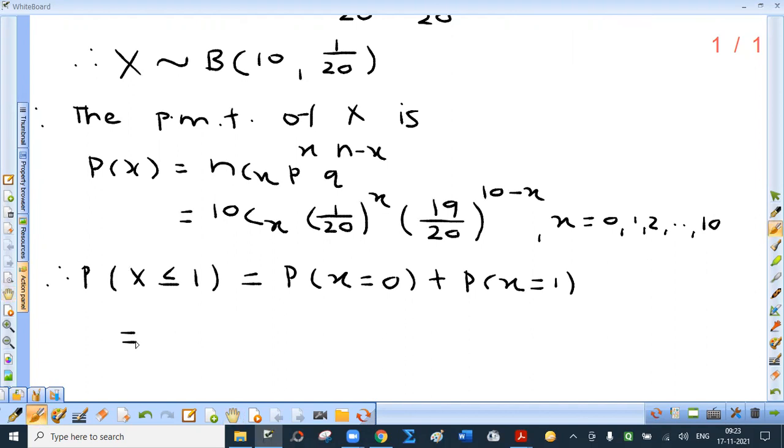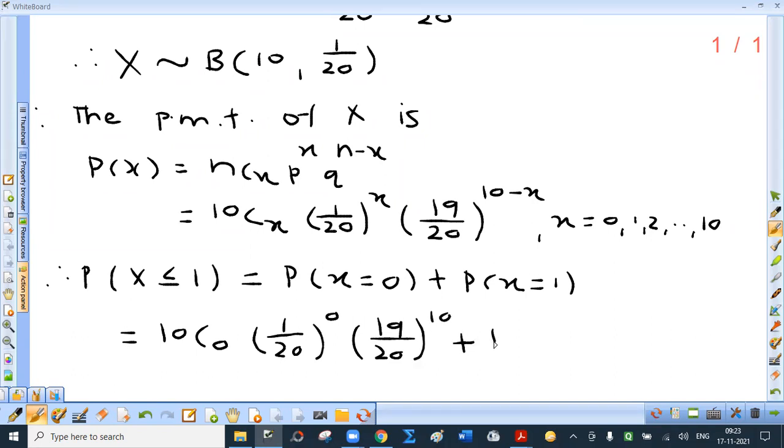Now calculation part. 10C0, 1 upon 20 raised to 0, 19 upon 20 raised to 10 minus 0, that is 10, plus 10C1, 1 upon 20 raised to 1, 19 upon 20 raised to 10 minus 1, that is 9.